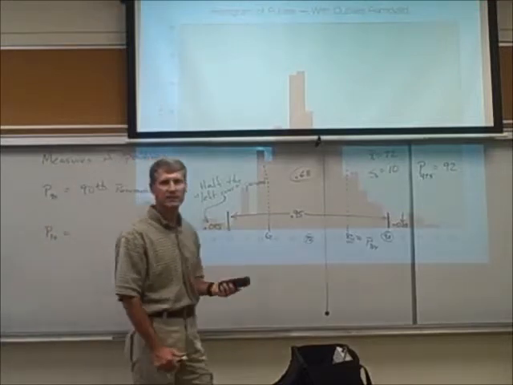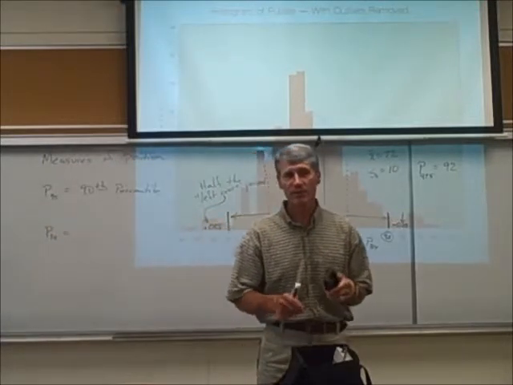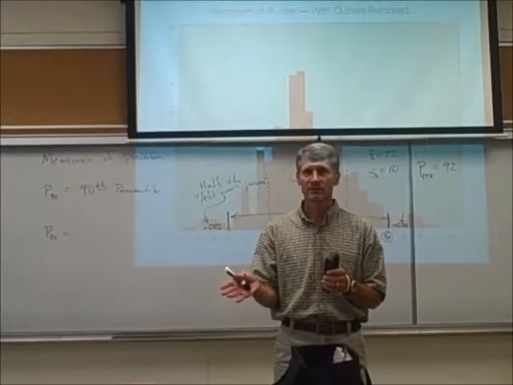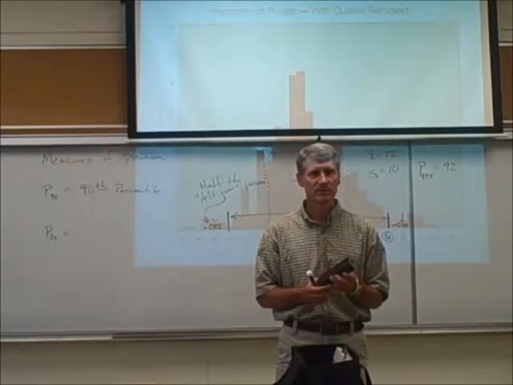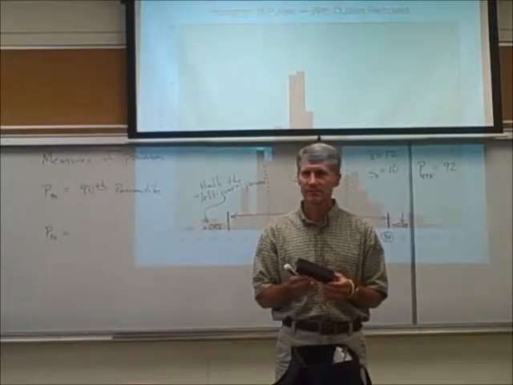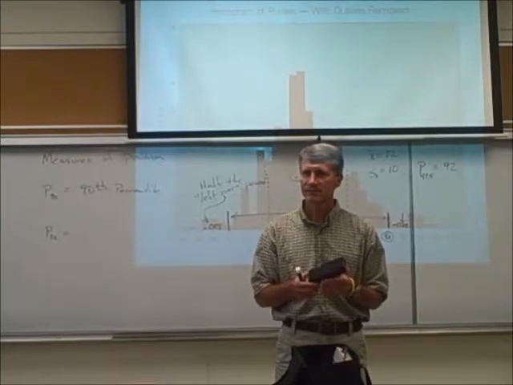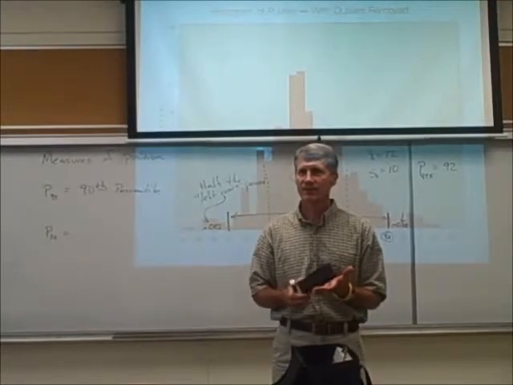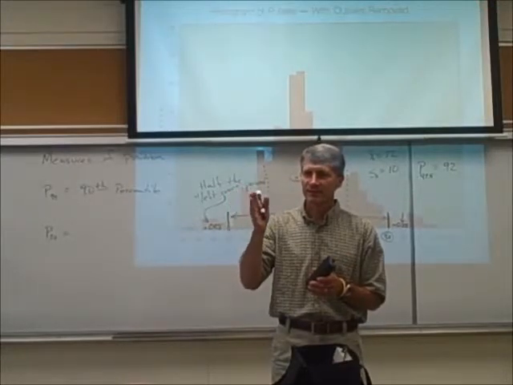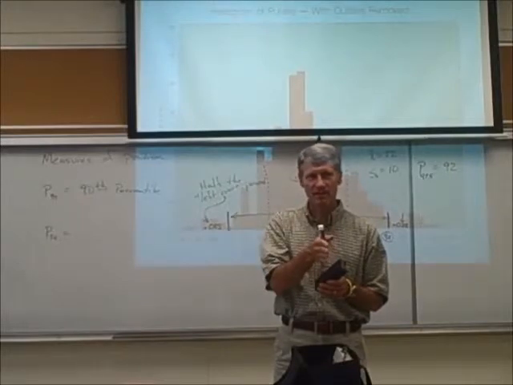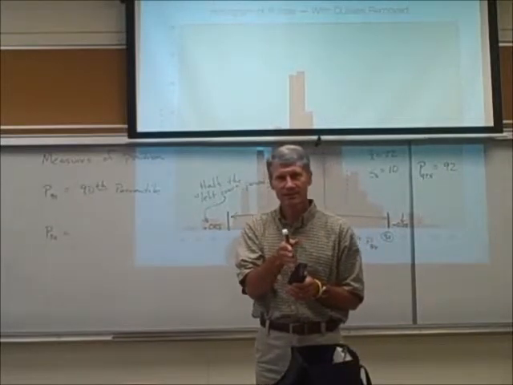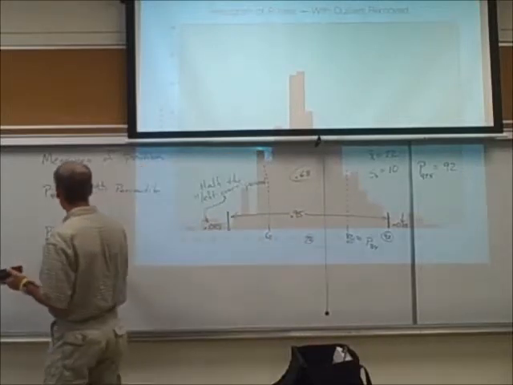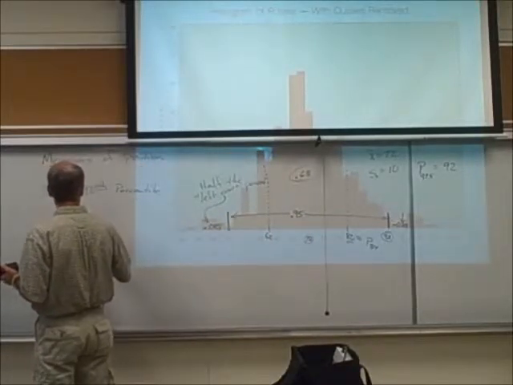What is P50? Half. The 50th percentile has half the distribution below it. What's that called? Median. By definition, you go halfway through, you're at the median. So the P50 is the median.